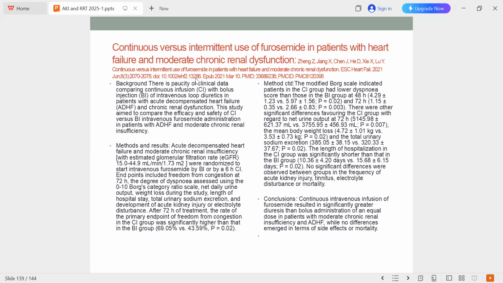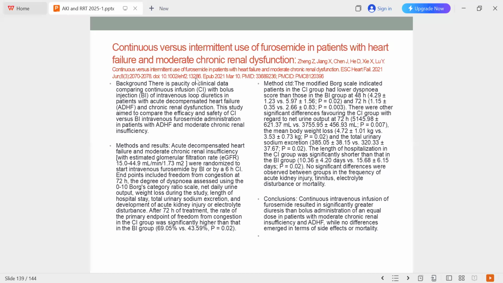All right, continuous versus intermittent use of furosemide in patients with heart failure and moderate chronic renal dysfunction. The study aimed to compare the efficacy and safety of continuous and intermittent intravenous furosemide administration. Okay, and the study concluded that continuous intravenous infusion of furosemide resulted in significantly greater diuresis than bolus administration of equal dose, okay, with no differences emerging in terms of side effects or mortality.